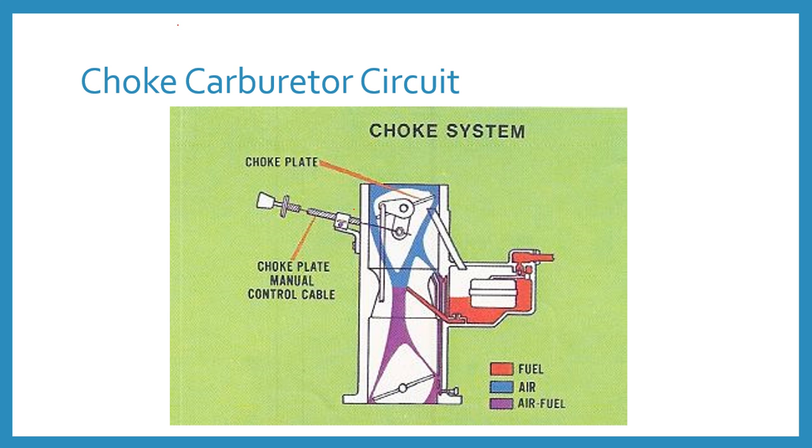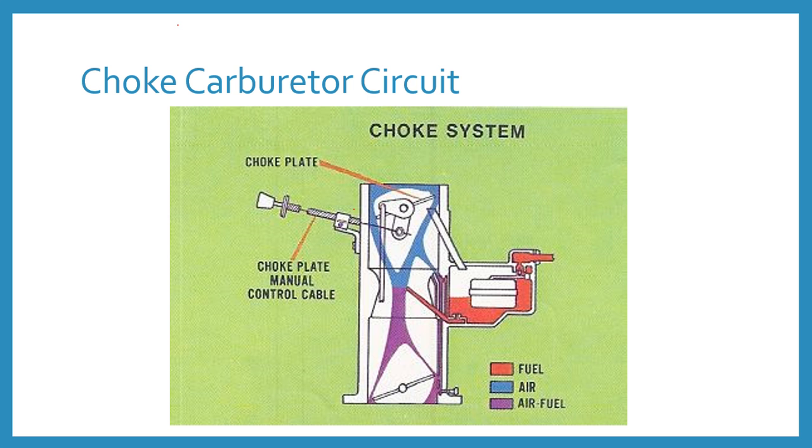The choke valve is a simple kind of butterfly valve which is operated either mechanically or automatically. In the mechanically operated choke system, the choke valve is opened and closed by means of a cable and lever mechanism, which is operated through a knob placed at the instrument panel.